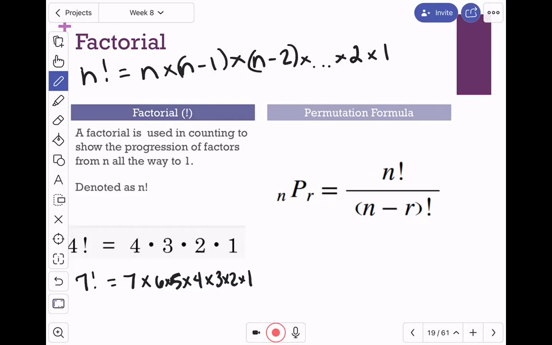In that particular example, there wasn't an r, but generally there will be some kind of r. We say nPr, and it's equal to n factorial divided by n minus r factorial.